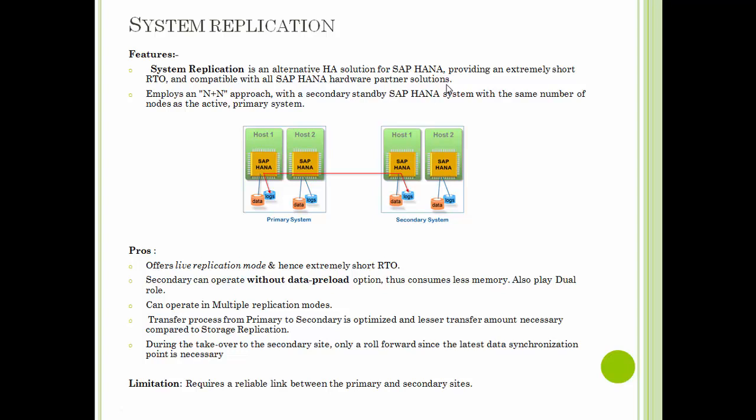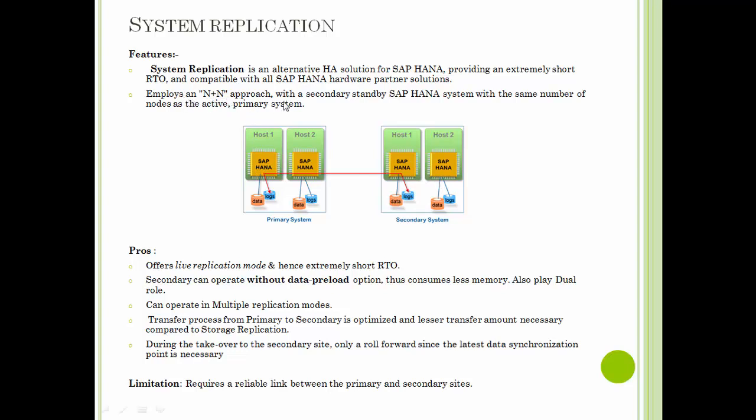So here what happens is we transport delta data and log continuously on the database level and do not need any features on the storage level. As I explained earlier, this is taken care of by the HANA database kernel, not by the storage. So we don't need any solutions from the vendors, this is taken care of by the SAP HANA feature itself.